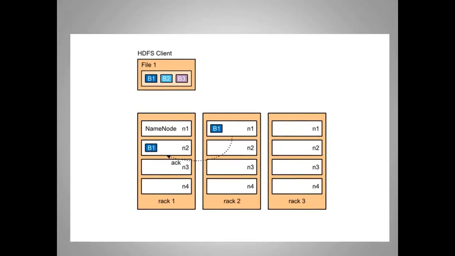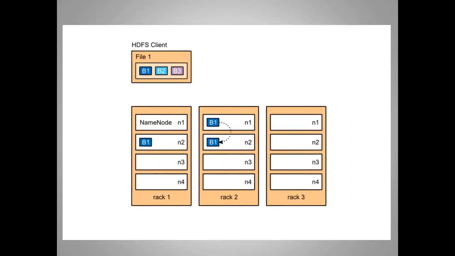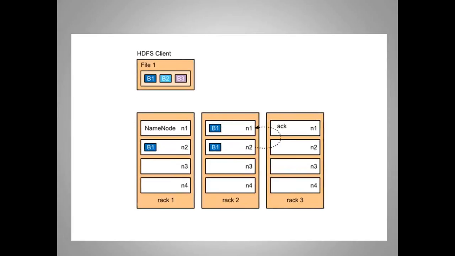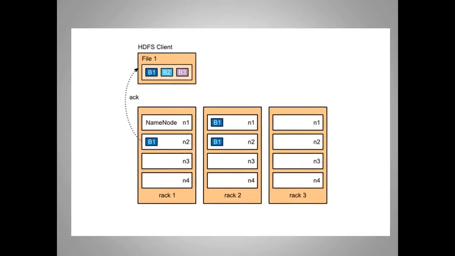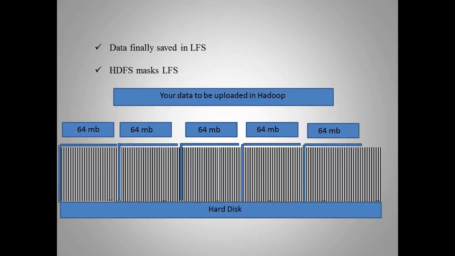The data will be stored from the client directly to the data nodes. Because if the data has to be passed through the NameNode, there will be millions of writes. So at that time, definitely NameNode will become a bottleneck. So the data will be always stored directly to the data nodes like this.